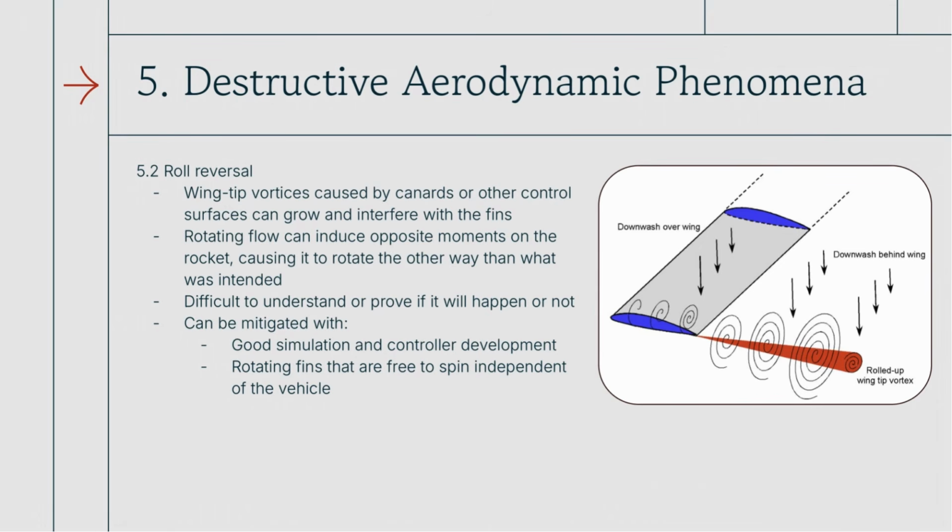The second really weird aerodynamic phenomenon that you might encounter is roll reversal. So essentially, a wing is creating lift because there is a high pressure underneath and a low pressure above. Now, if the wing extends to infinity, then you just have a super long high pressure region and a super long low pressure region.